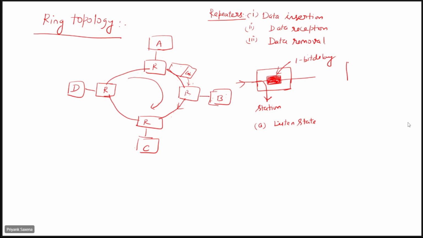The other state is called the transmit state. In this state, the data comes to the station and from the station.